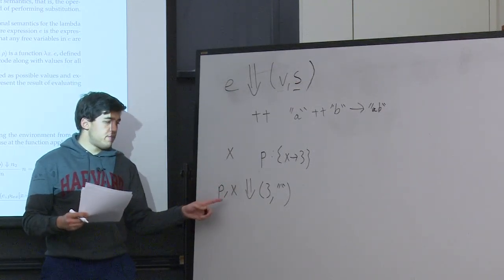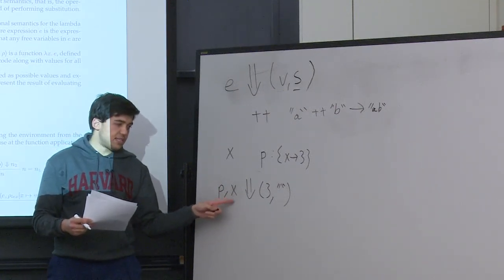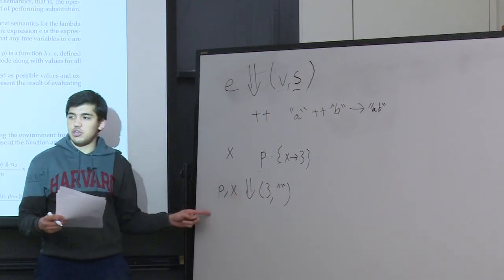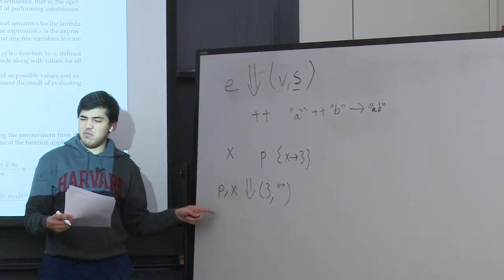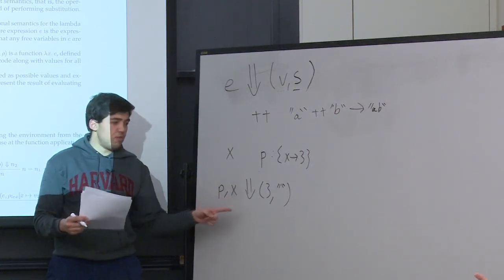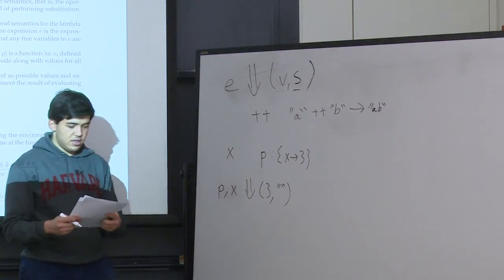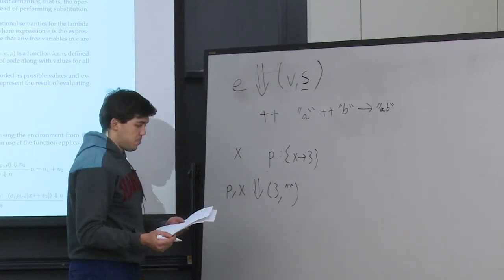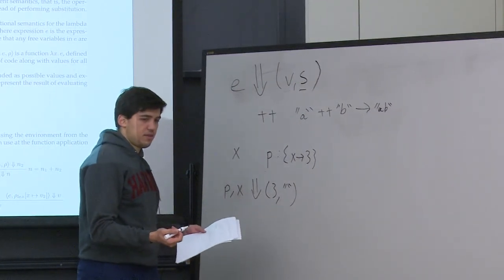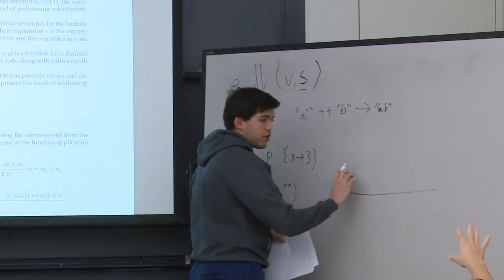So what are we doing here? We said in our environment, in rho, we have the fact that x is mapped to the value 3. And rho is a function. So how can I indicate that in the function rho, when we provide x as an input, we get 3 as an output? X gives the output 3 given that rho of x is equal to 3. So how can I write that as an axiom? We know there's no conditions.